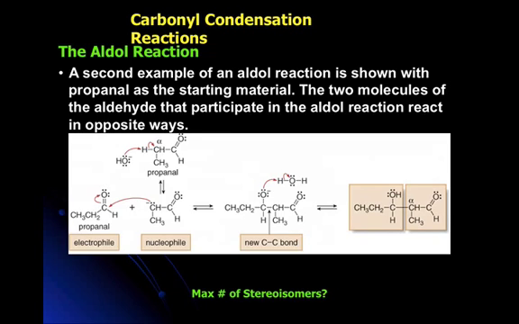So each stereocenter can either be R or S, right? So I could have R,R, I could have R,S. Now how are those related to one another? RR versus RS. Are they diastereomers or enantiomers?